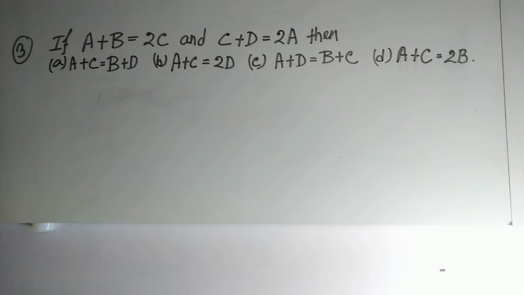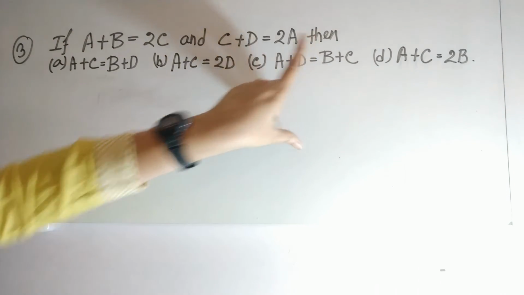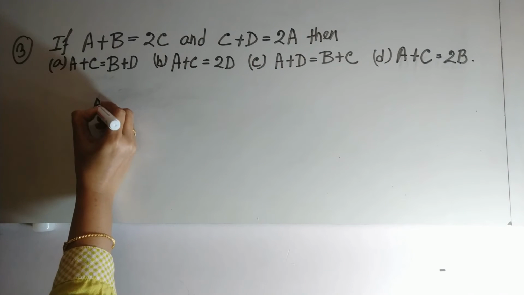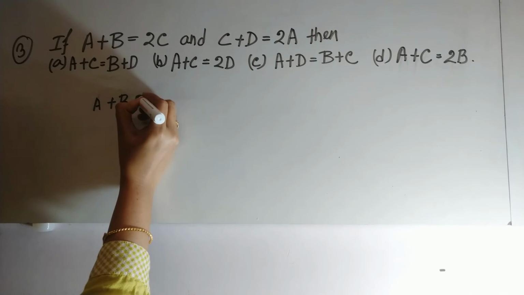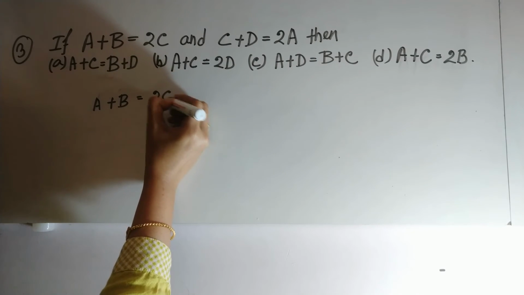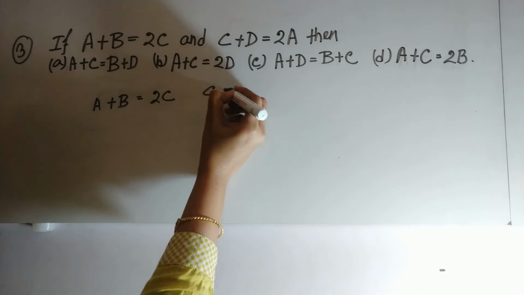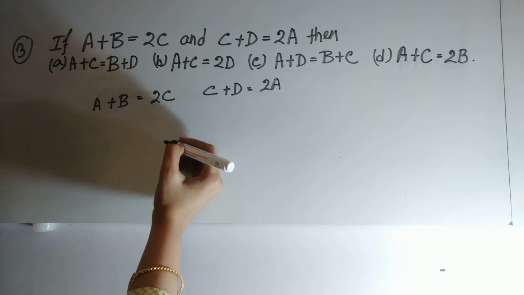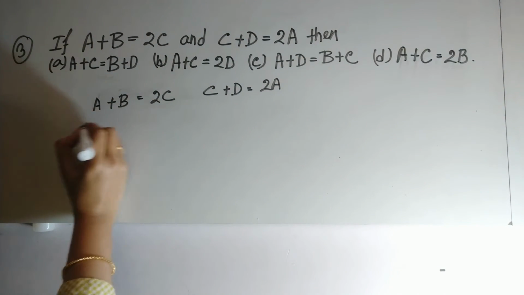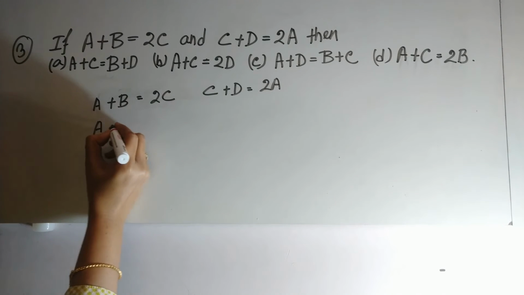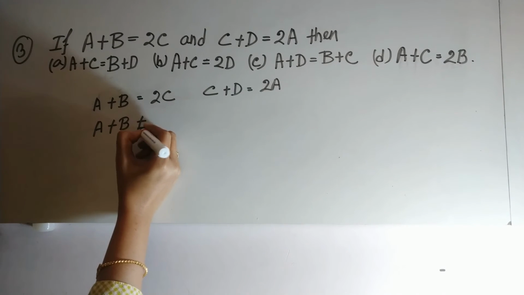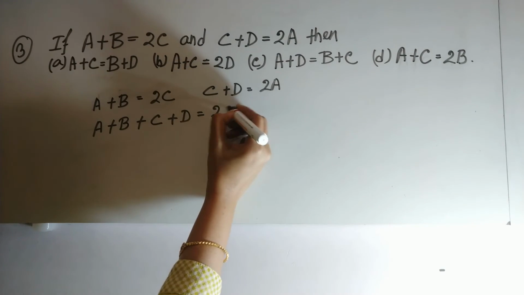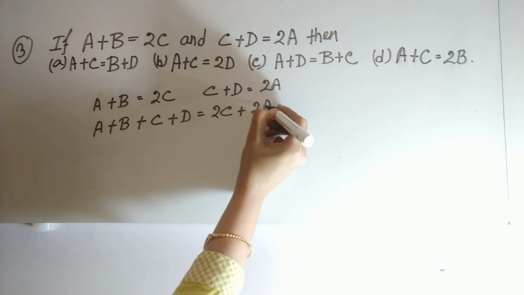If a plus b is equal to 2c and c plus d is equal to 2a, then which one is correct? Now, a plus b is equal to 2c and c plus d is equal to 2a. Adding these two, what will you get? a plus b plus c plus d is equal to 2c plus 2a.